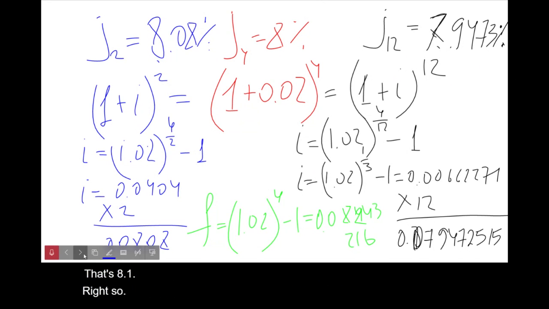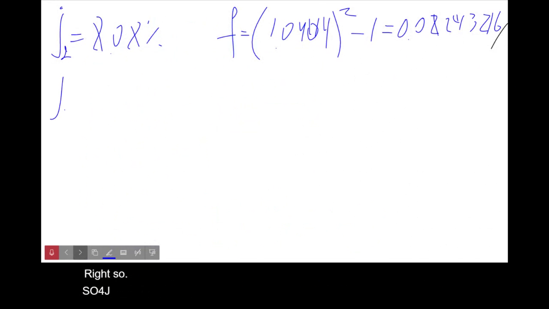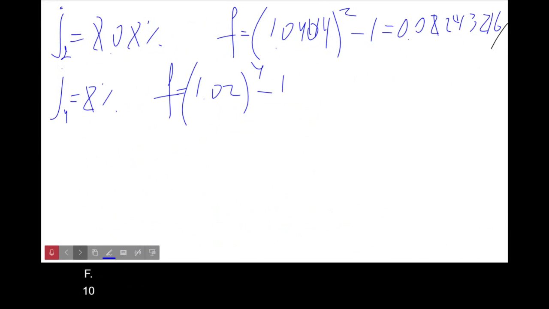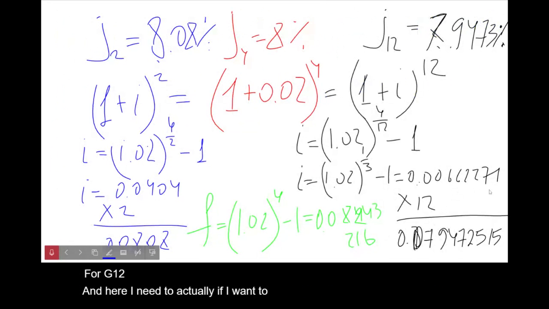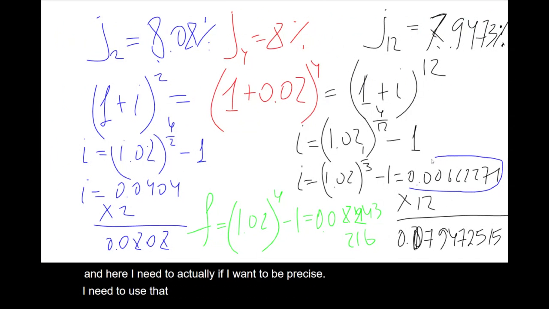Anyways, so for J4, 8%, F, 1.02, 4 minus 1, it's the same thing. For J12, and here I need to actually, if I want to be precise, I need to use that value.